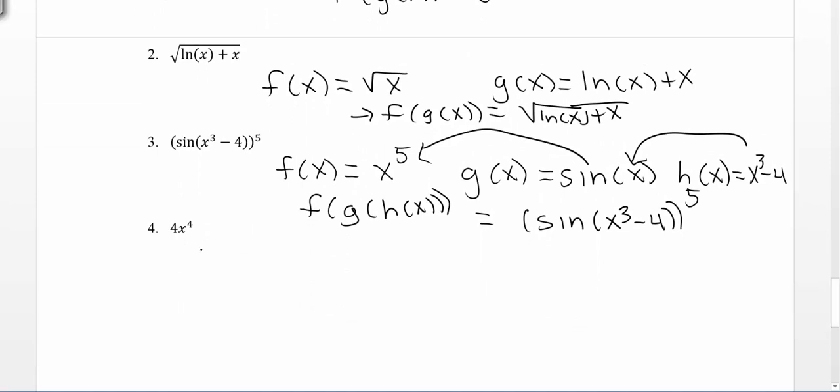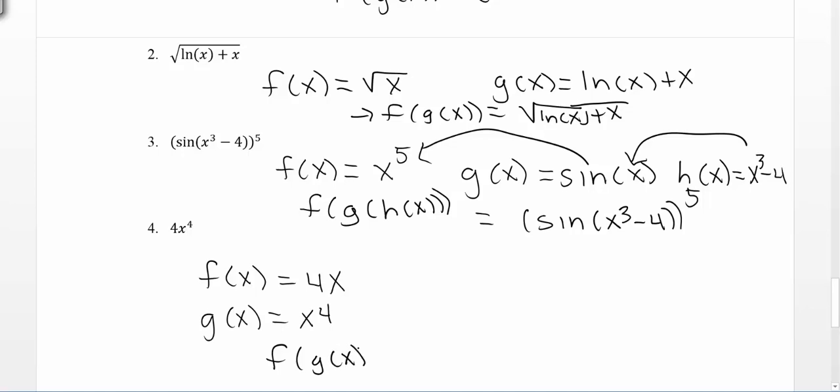Finally, number 4, if I let f of x equal 4x and g of x equal x to the 4th, then f of g of x will be 4x to the 4th. So that's one way.